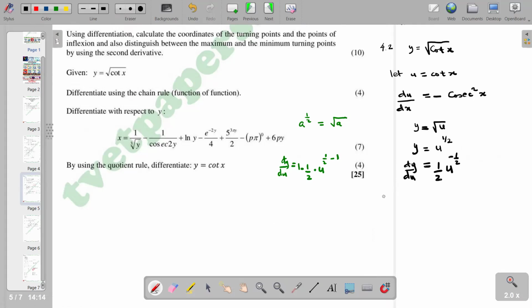The question wants us to get dy dx. So it means our dy dx will be equal to dy du multiplied by du dx.